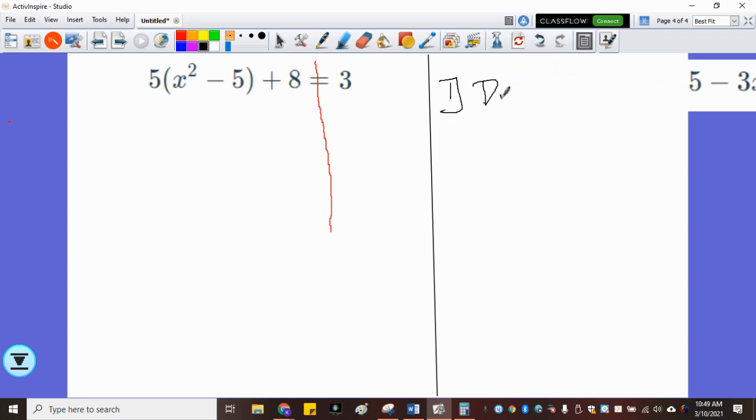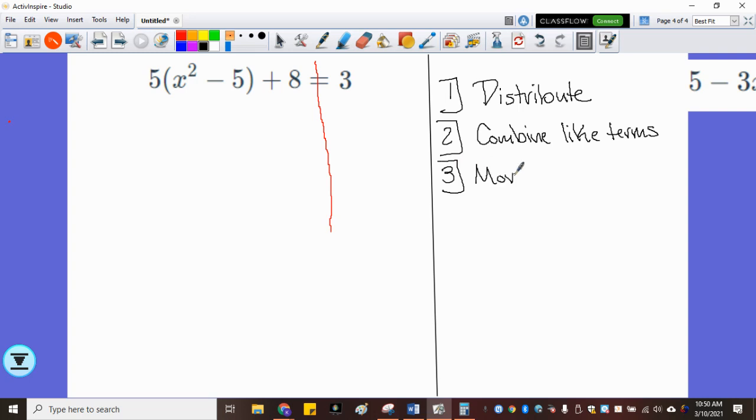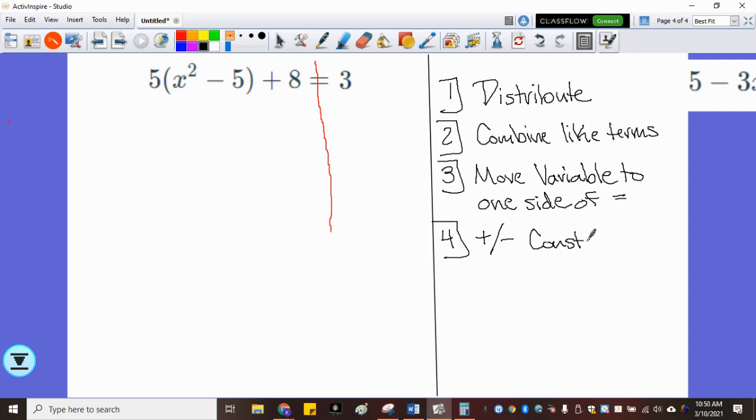From the beginning of the year, you want to distribute, combine like terms, move the variable to one side of the equal sign, add or subtract the constant, multiply or divide the coefficient. I'm going to leave these on the board.